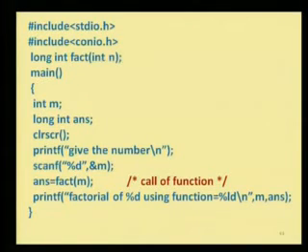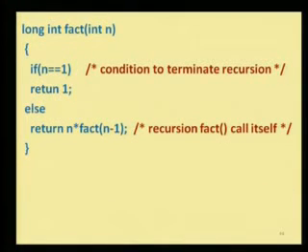Then again assigning that to the program, it will check that the integer value is not 5, now it becomes 4, and it will check for the 4 value, then return 4 into fact n minus 1. Then by decreasing one value again, n minus 1 means 4 minus 1, 3, that means 5 into 4 into factorial of 3.